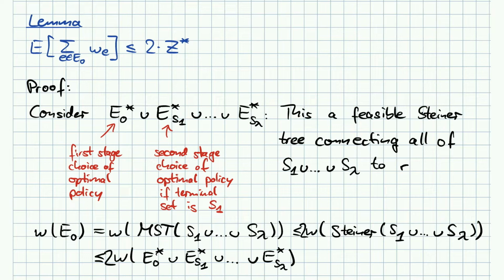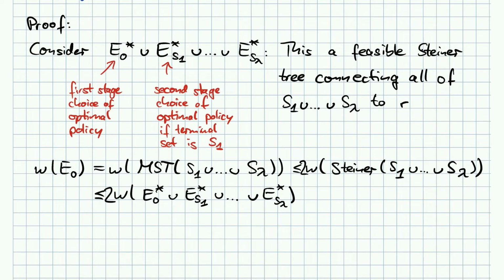Now, how expensive is this? What is the weight of the first stage cost of the optimal policy, and then the second stage choice of the optimal policy when the terminal set is S1, and so on? Well, this is certainly no more than adding up the first stage cost plus all these second stage costs.